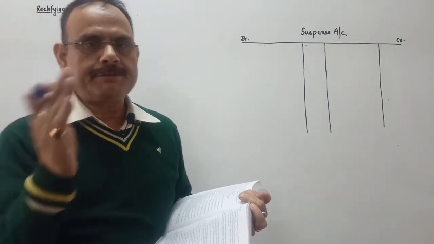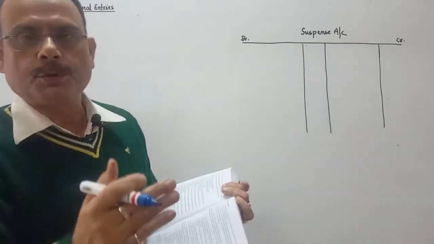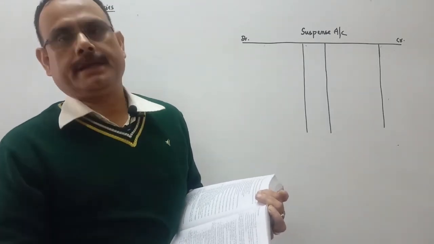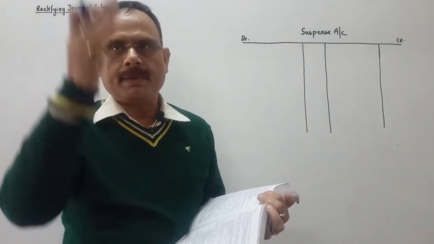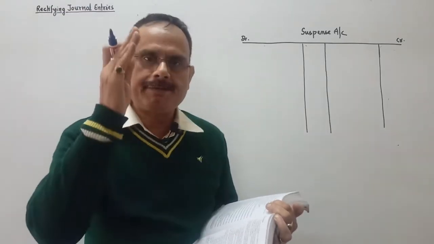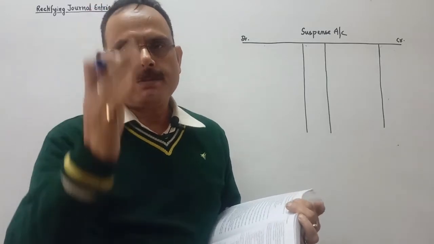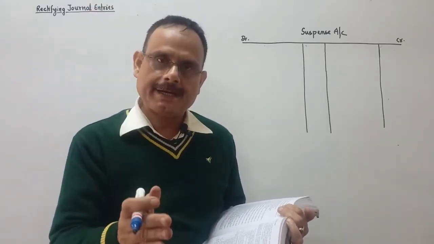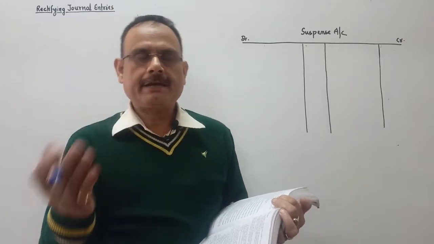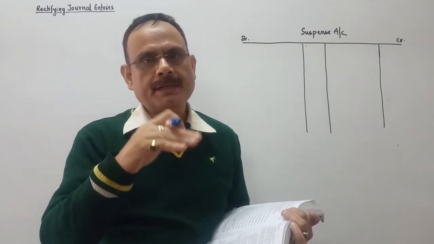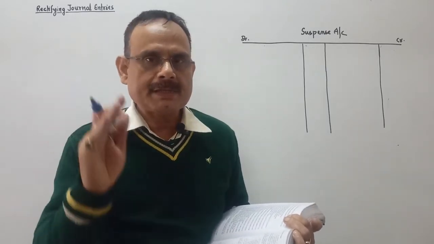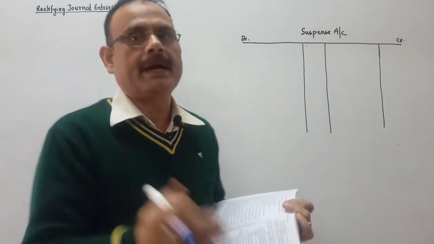It means if the debit side of the trial balance is more, suspense account is opened in which side? Credit side. To match the trial balance, if the debit side of the trial balance is in excess by rupees 3,809, definitely we have opened the suspense account in the credit side. It means suspense account has a credit balance.